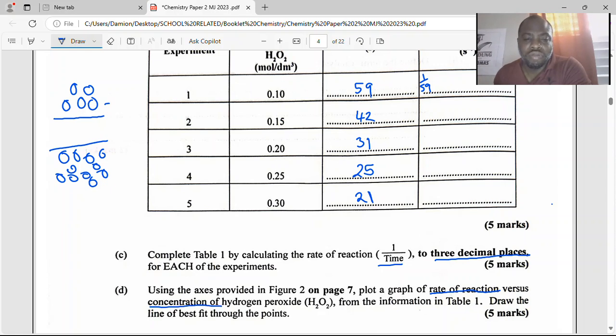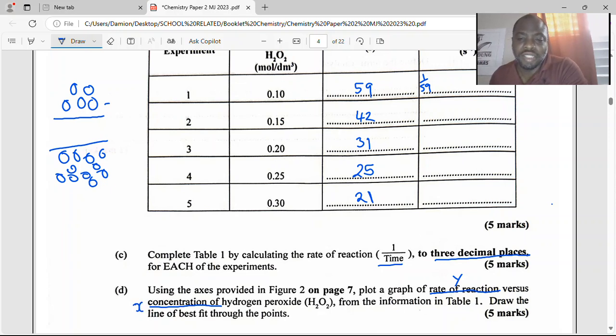If you're a physics student, a bio student, or a chemistry student, once you have the first variable versus the second variable, the first variable goes on the y-axis, and the second one goes on the x-axis.